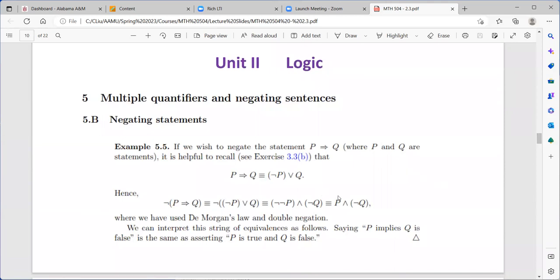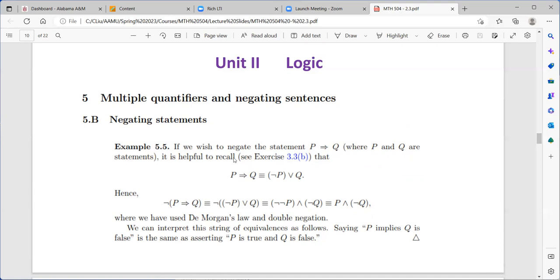Okay, so this is a typical example of why you want to use those rules to simplify logic statements. If we wish to negate the statement P implies Q, where P and Q are statements, you want to negate this in this example.